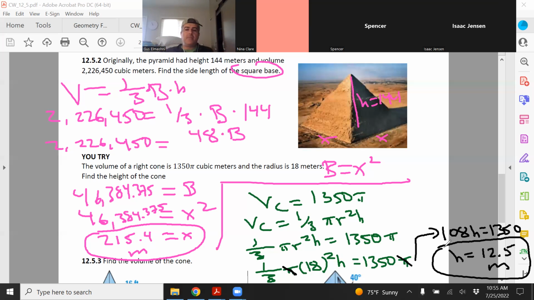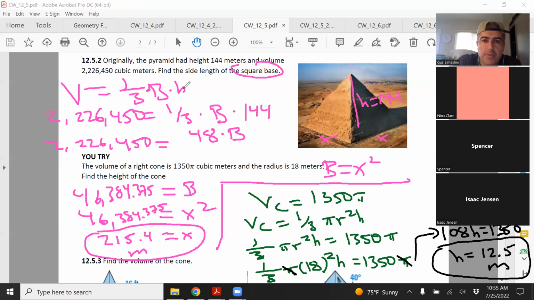So again, it's just a very formulaic process. The pink obviously goes for 12.5. And the cone we did in green. Right there.